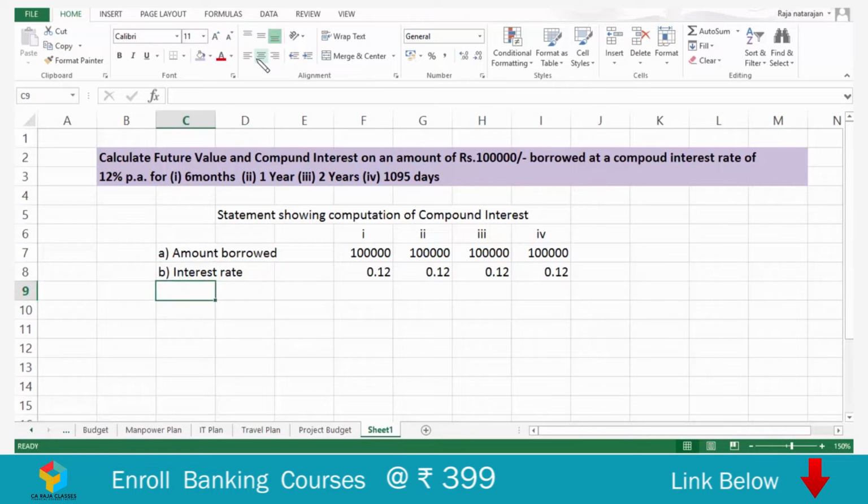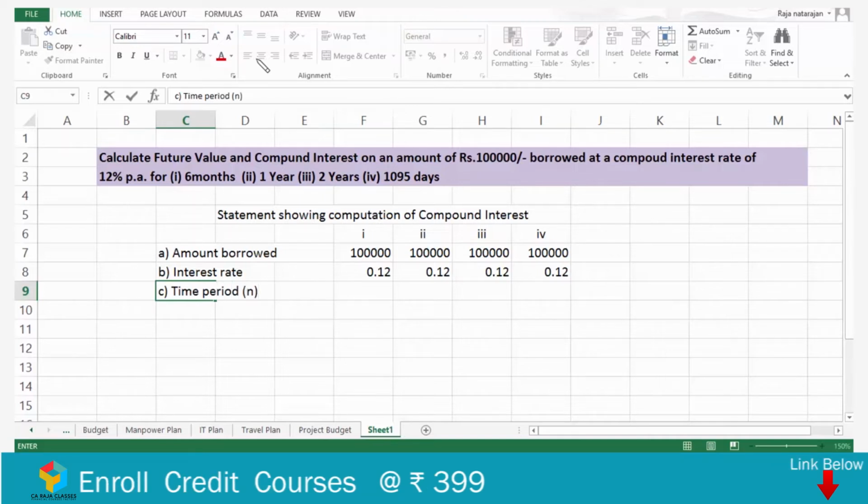Then in order to find the future value, we should know the time period for which this borrowal continues. So item C, the time period, and let us express it in year terms.